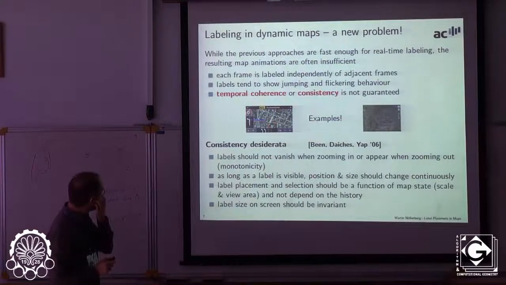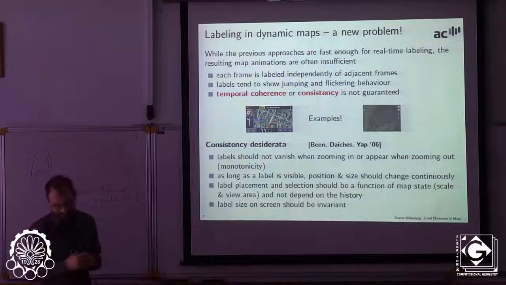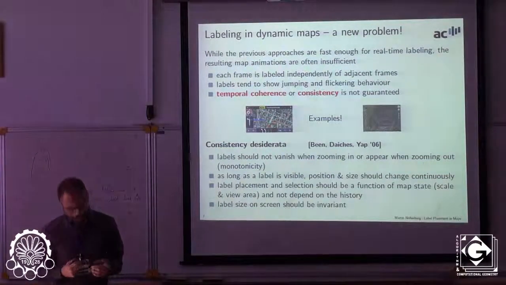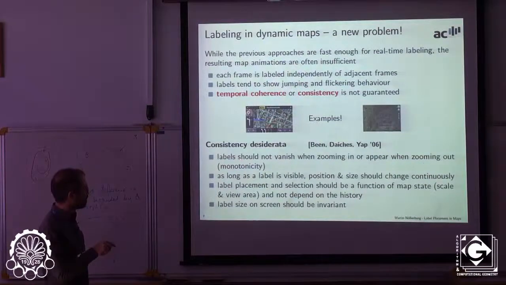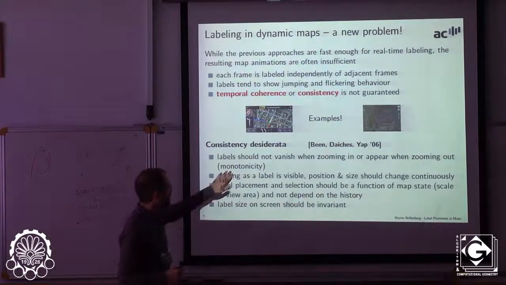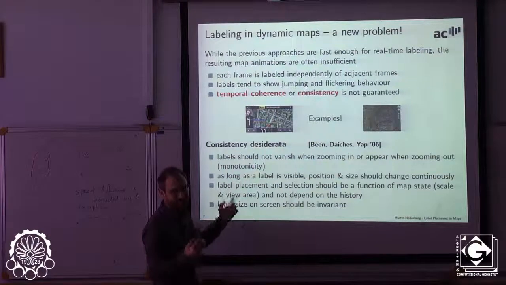So in the first paper on dynamic map labeling from 2006, Been et al. described a number of criteria that you might want to apply for making dynamic labelings nicer. So for example, they say that if you zoom in into a map, so you search for more detail, then labels should not disappear, because you search for more, and then if something disappears, it's strange. You can maybe weaken this a little bit, because at some scale you don't need the country names anymore when you go to city level.